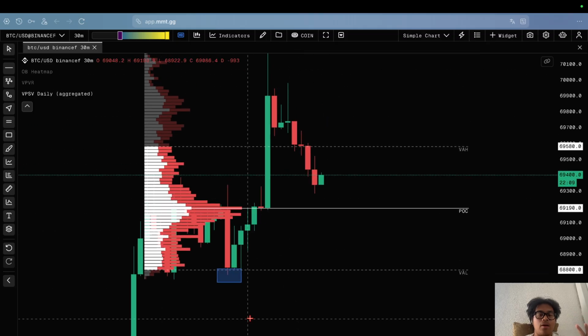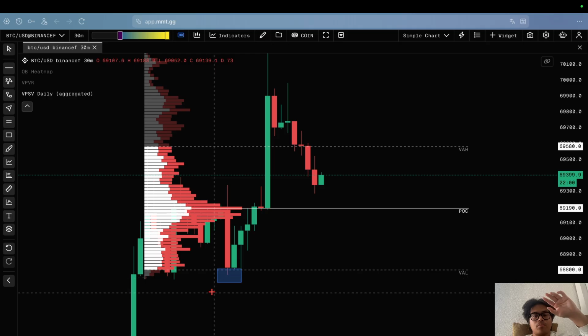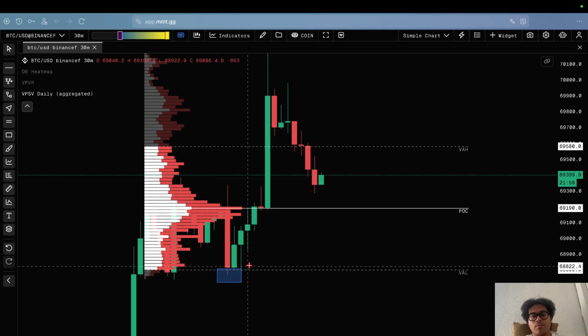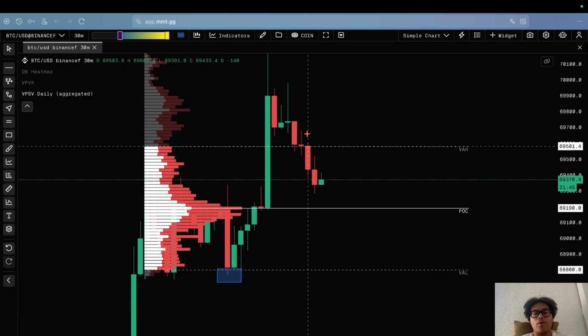So most of the time there are a lot of case scenarios, but one of the common things is that when price rejects, it could be rejecting a volume area low or a volume area high. The next movement is going to aim at another volume area.